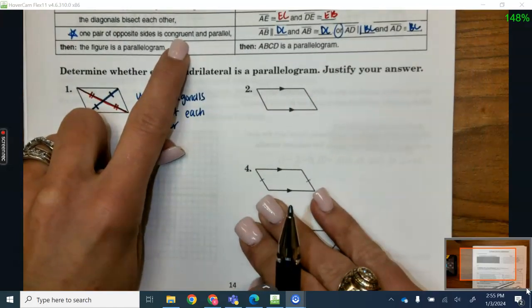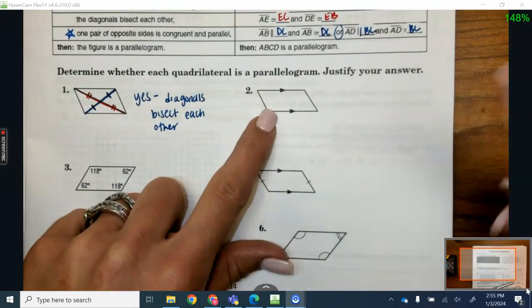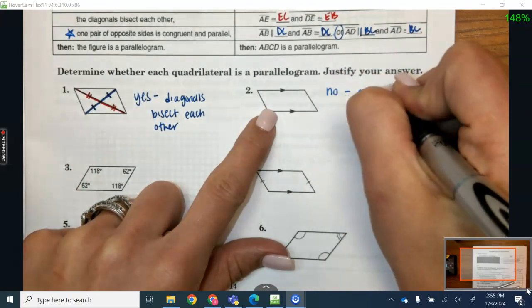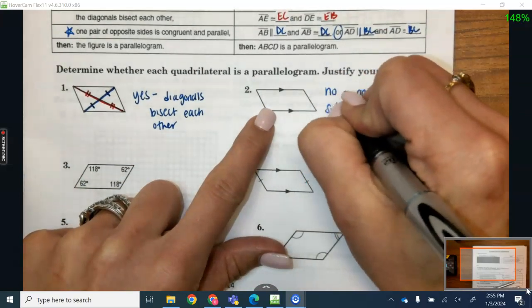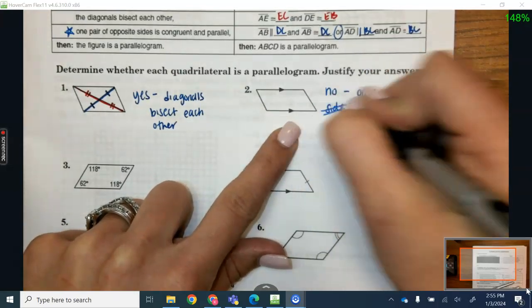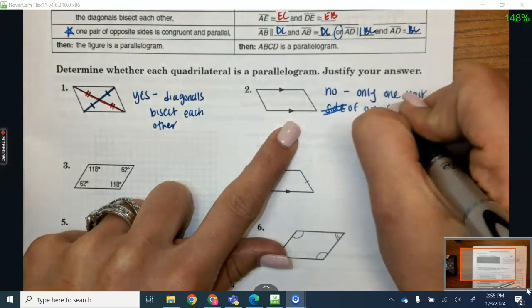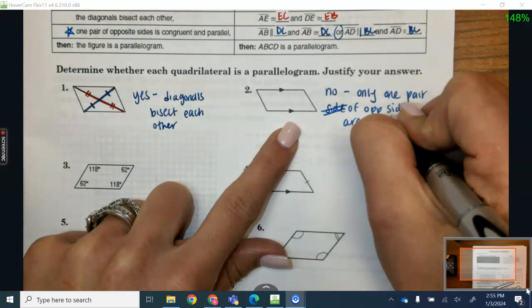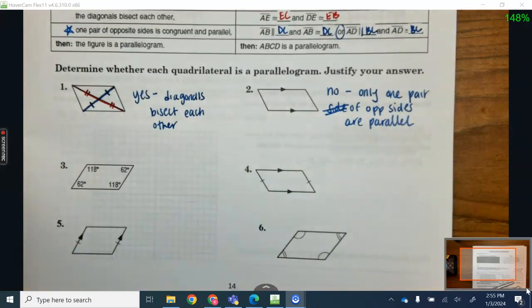So I don't have enough information to prove that this is a parallelogram. So this would be no, because only one pair of opposite sides are parallel. I either need both pairs of opposite sides to be parallel, or that one pair of opposite sides has to be both parallel and congruent.